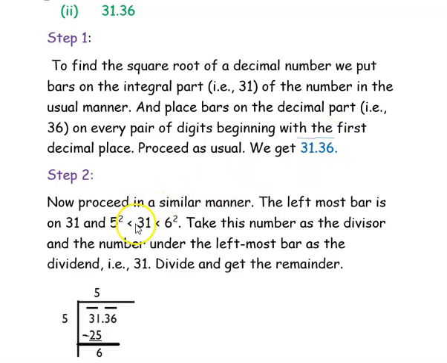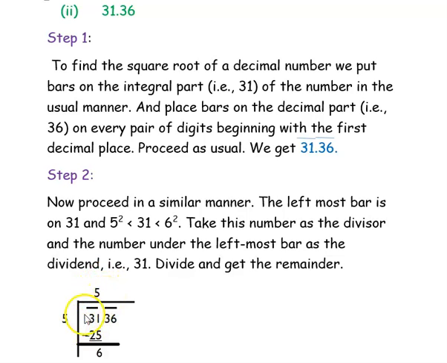In the second step, we are going to proceed in the usual manner. That is, we are going to consider the number under the leftmost bar, and find a number whose square is less than or equal to this number. This new number will become the divisor and also the quotient.